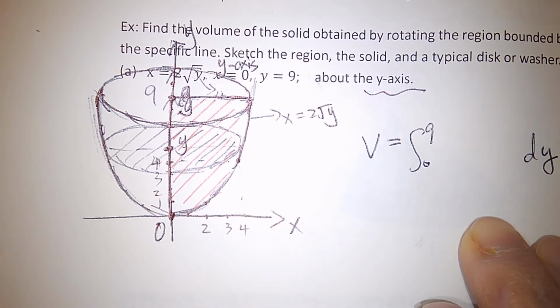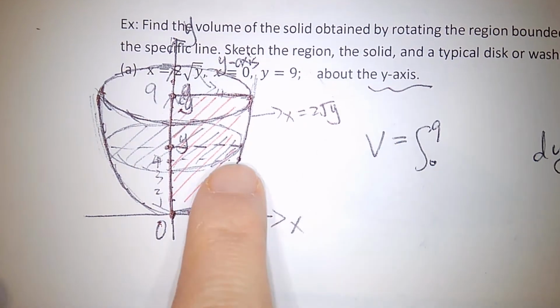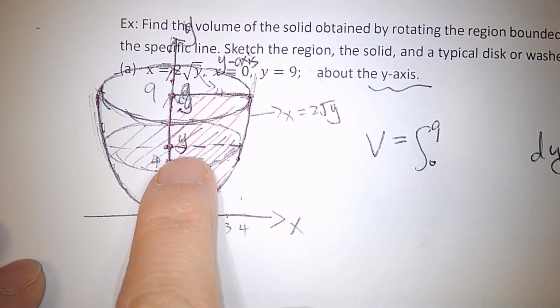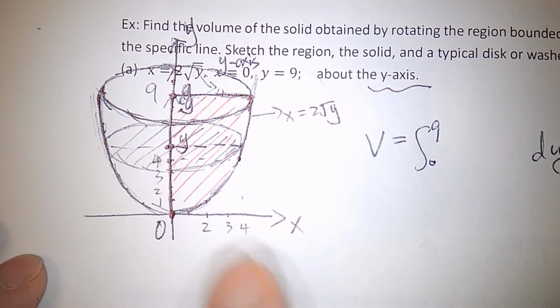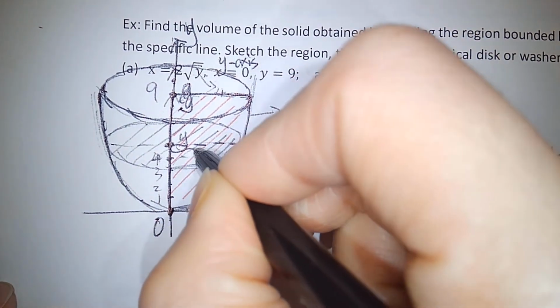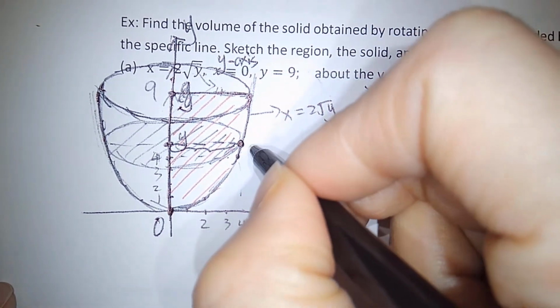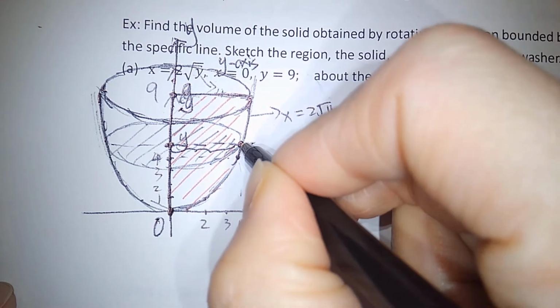For that disc, what is the radius? What is the coordinate of this point? We want to know the length of the radius, right?